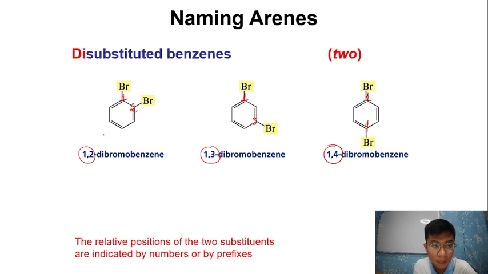So, the relative positions of the two substituents are indicated by the numbers or by the prefixes. Kailangan natin kasi nga laging lagyan ng number to indicate where is the substituent in the parent. Okay? So, tanda numbers natin na yan, yung 1, 2, 1, 3, and 1, 4.